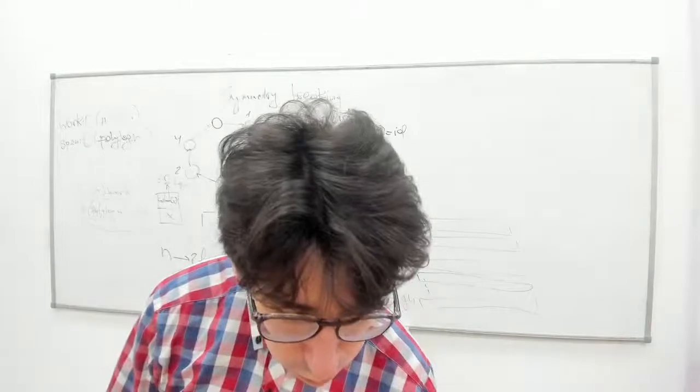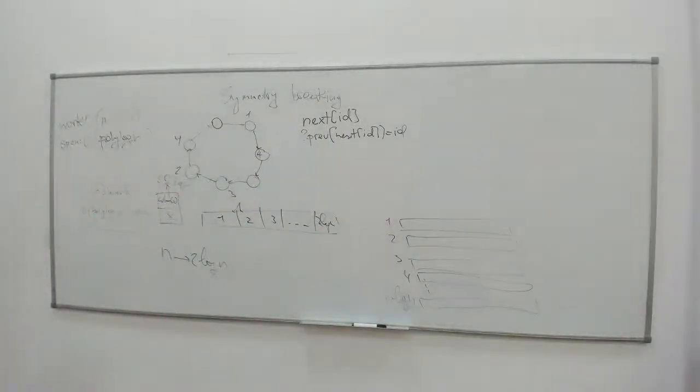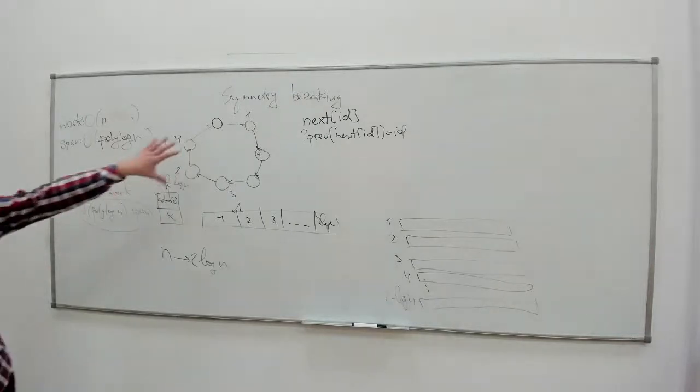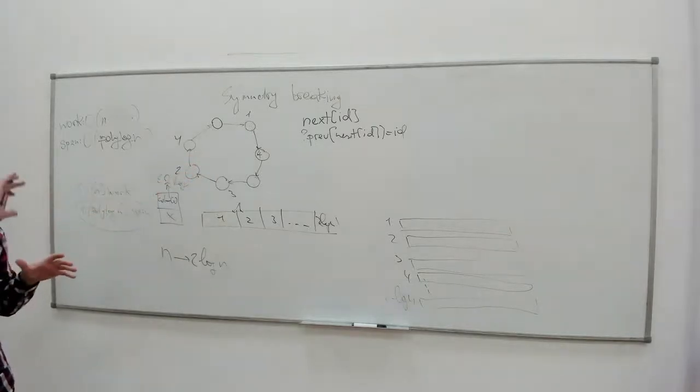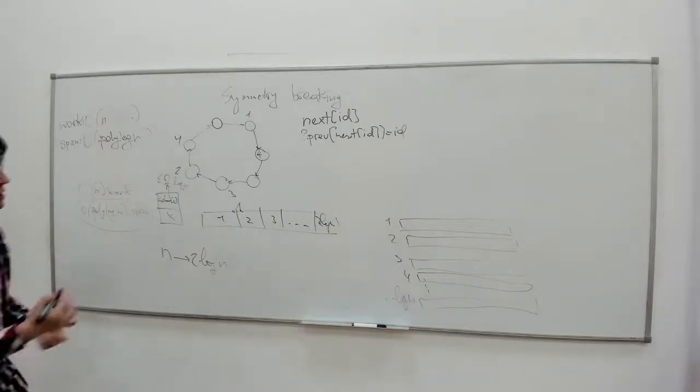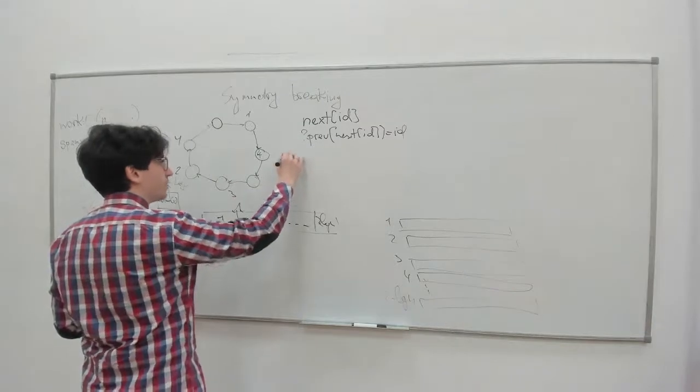Okay, where exactly have we applied the symmetry breaking technique? The symmetry breaking is the way to color elements so that neighbors are not the same color. Why is it named so? Because you have some random identifiers and next identifiers, and you want to find an independent set.